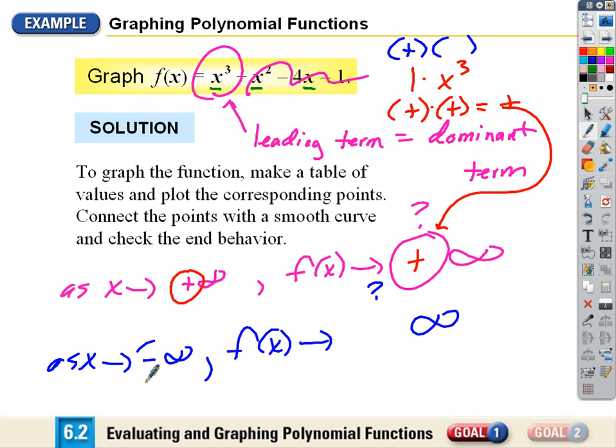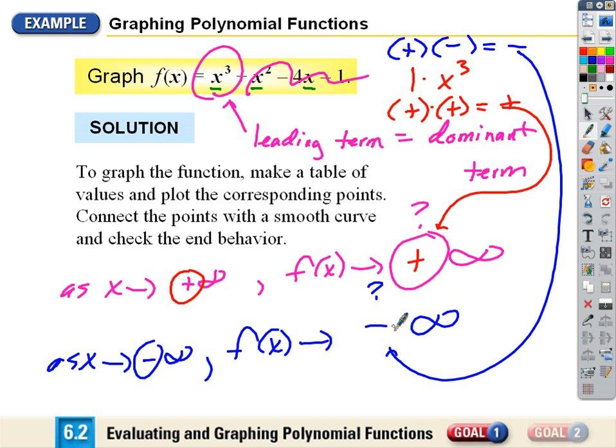A negative number cubed. In fact, a negative number to any odd power is what sign? Negative. So I end up with a positive times a negative, and what do I get from a positive times a negative? A negative. So that's my answer. So you see that answer? No big deal. Just look at the sign of that first term, and that's going to tell you what kind of infinity we're dealing with.